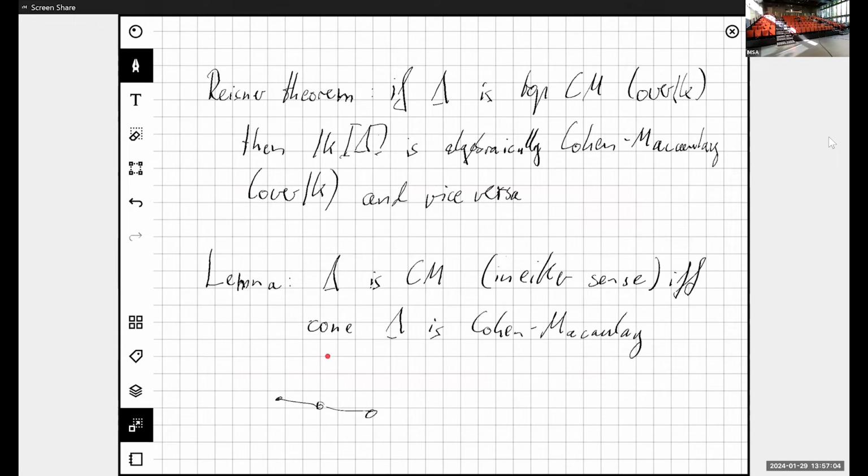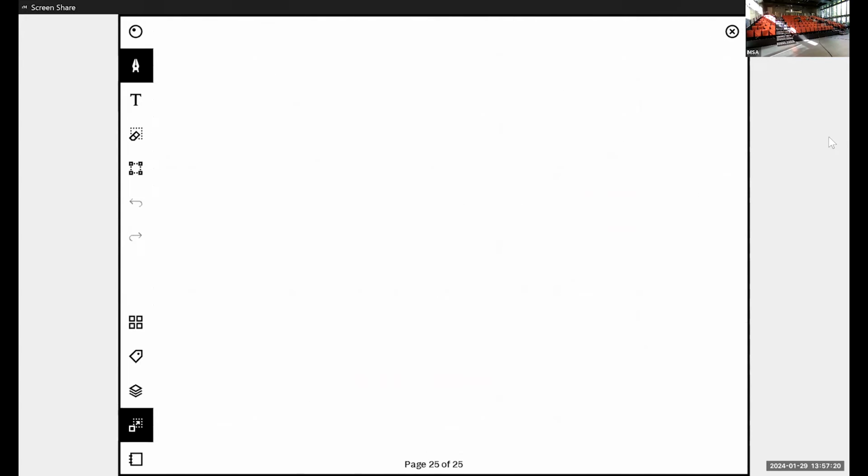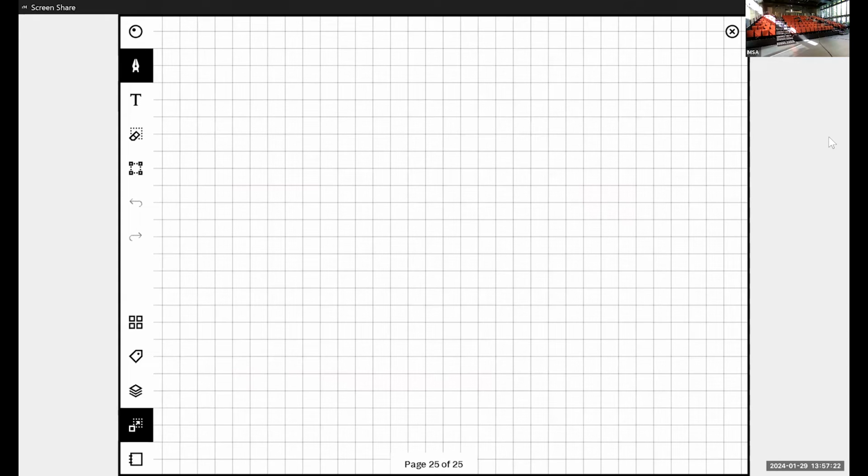That's just if I have a simplicial complex, I can attach another vertex, and this vertex I connect to everything. Okay, that's it. That's the cone. In particular, the star of a vertex is Cohen-Macaulay if and only if the link is Cohen-Macaulay.